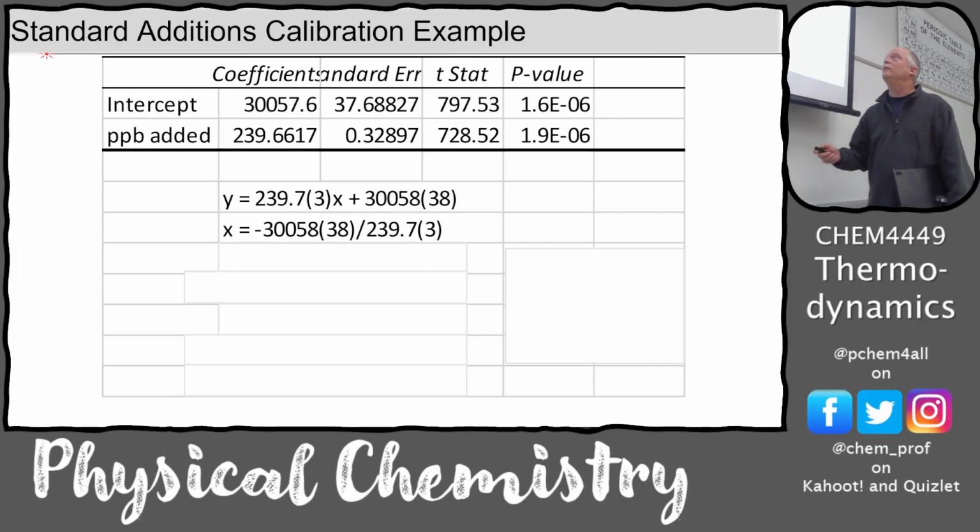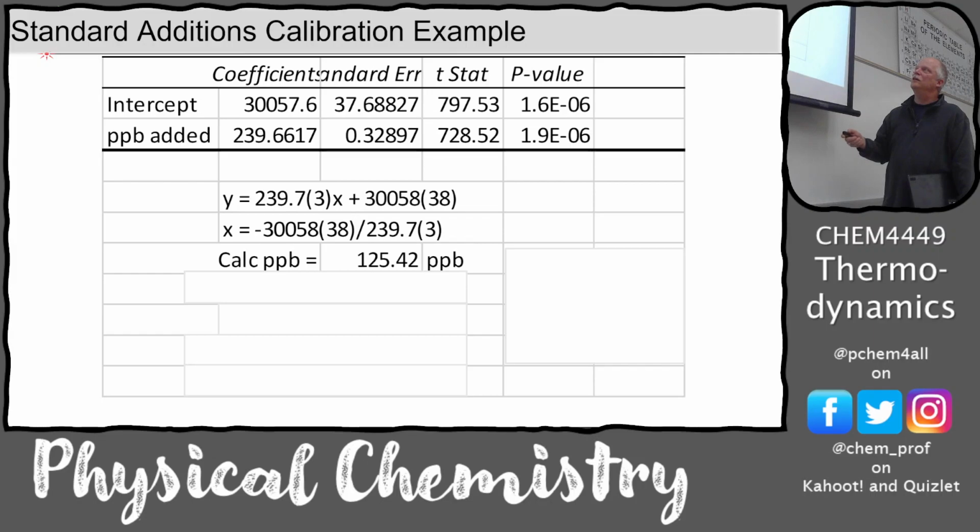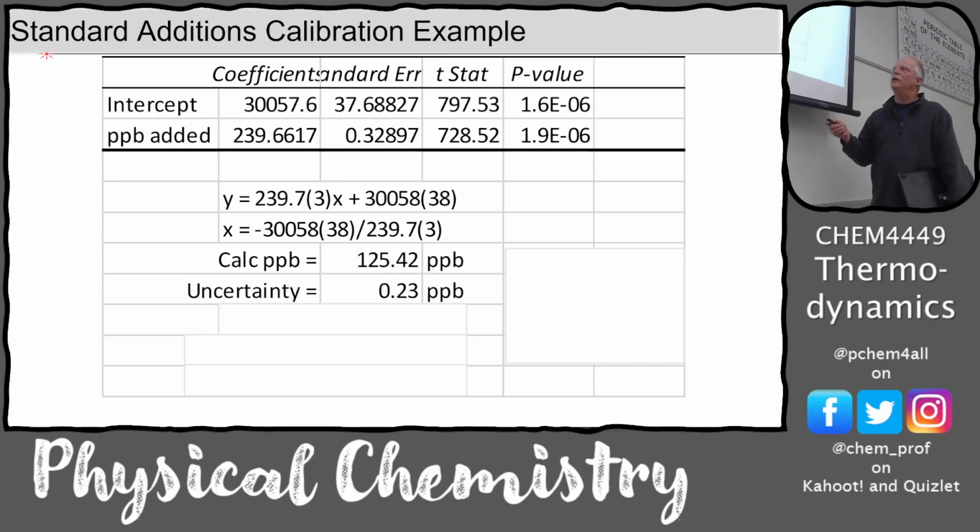So this is the regression analysis that we get, and look, because the line is way off the x-axis, we have good statistics for both intercept and the slope. Okay. And so this is our calculation. We have our mx plus b, so we can solve for x: 125.42 parts per billion. The uncertainty is 0.23, really good uncertainty.